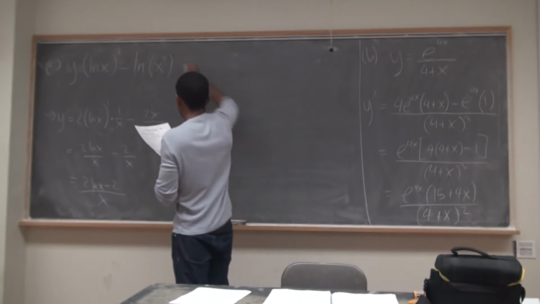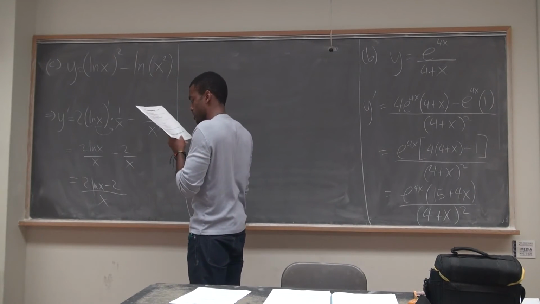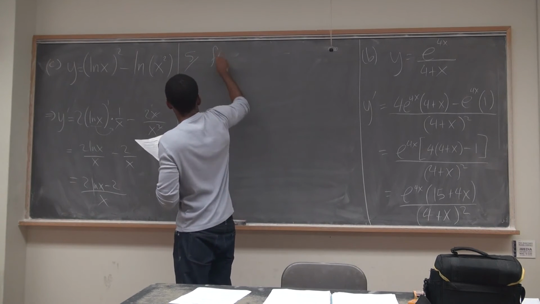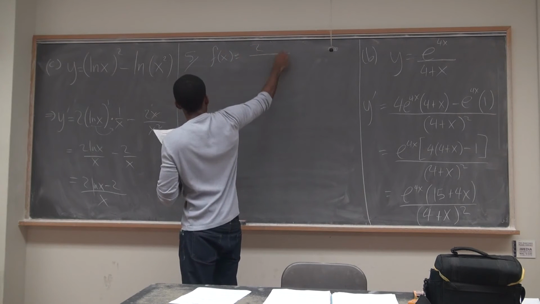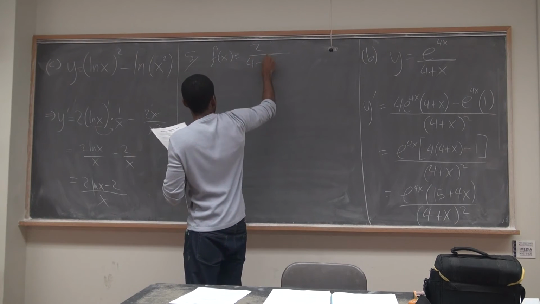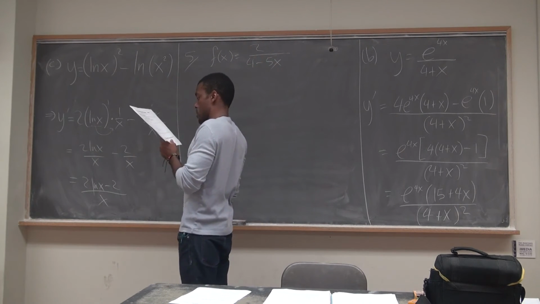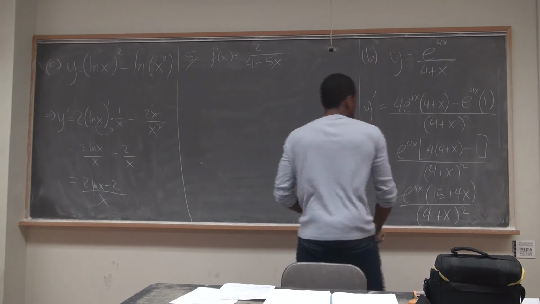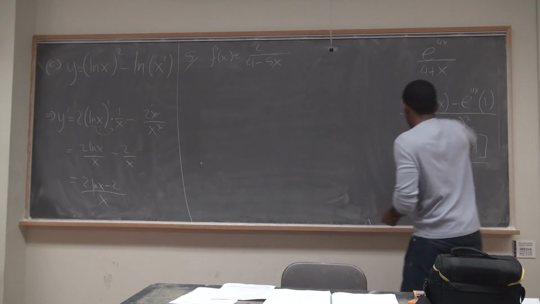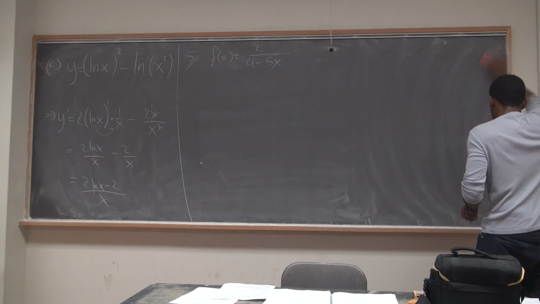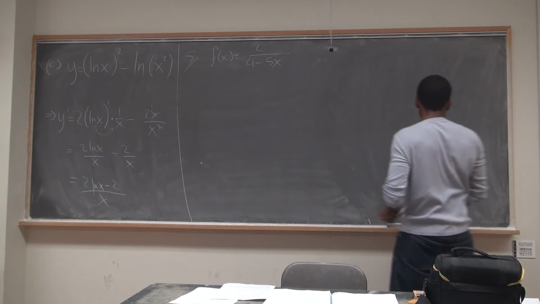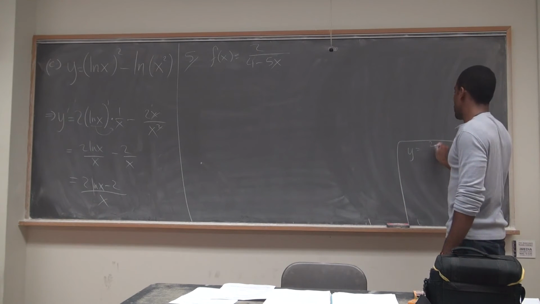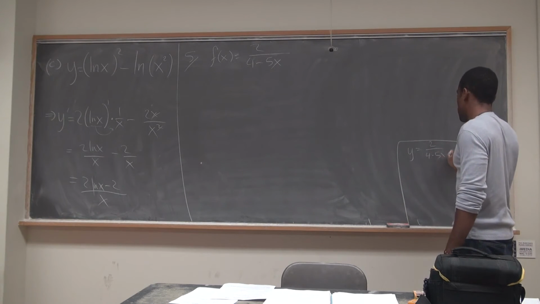So that's 1. I guess I also assigned 5. Over 4 minus 5x. So you see that. What should the derivative be? Let's do the shortcut. If my y is equal to 2 over 4 minus 5x, how do you differentiate that?